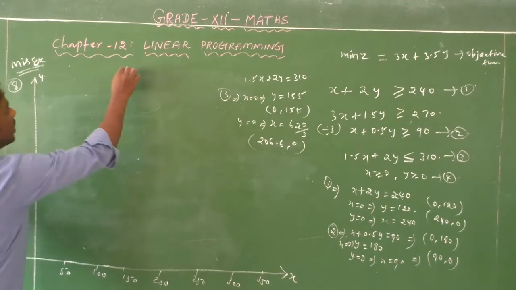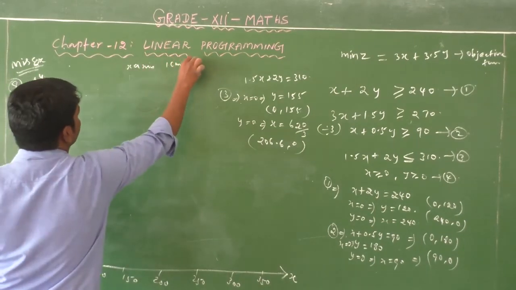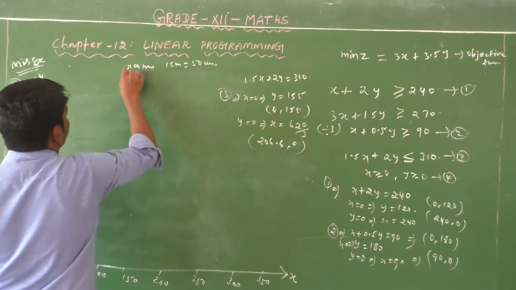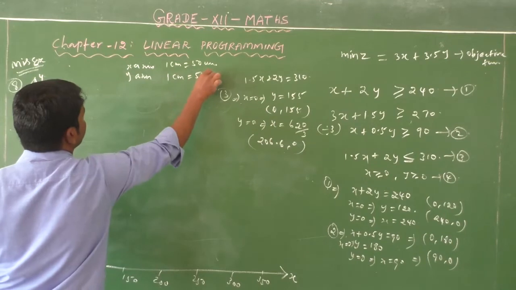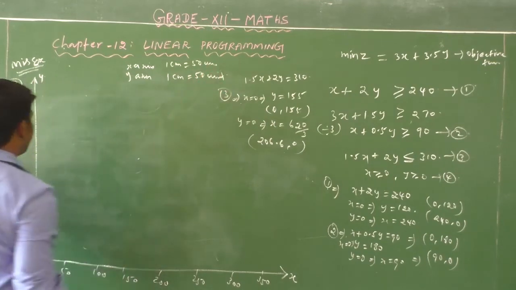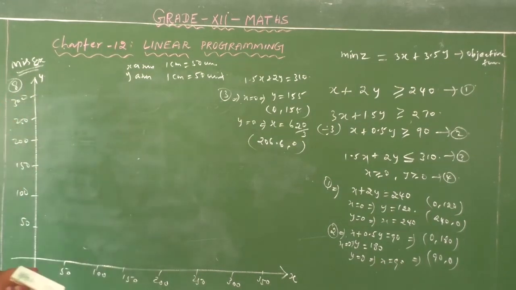So on the x-axis 1 centimeter is equal to 50 units, and the y-axis is the same. Listen, so plot these points.